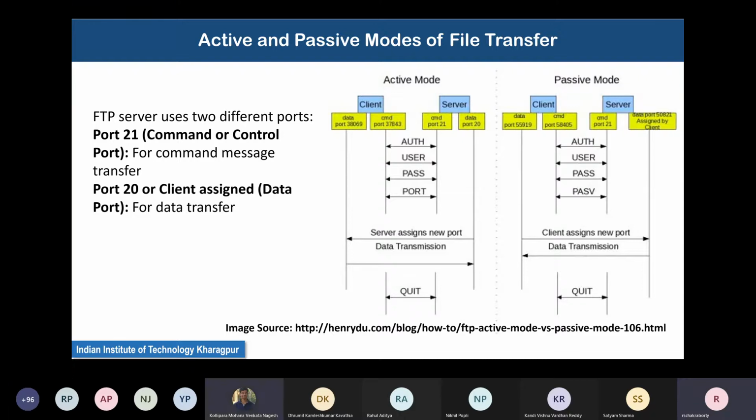The FTP server itself, just one server, uses two different ports. Till now, we have seen other types of servers, for example, the HTTP server, which listens to actually two different ports by default, 80 and 8080. But for initiating an HTTP connection with a server, you need to connect at port 80 or 8080.